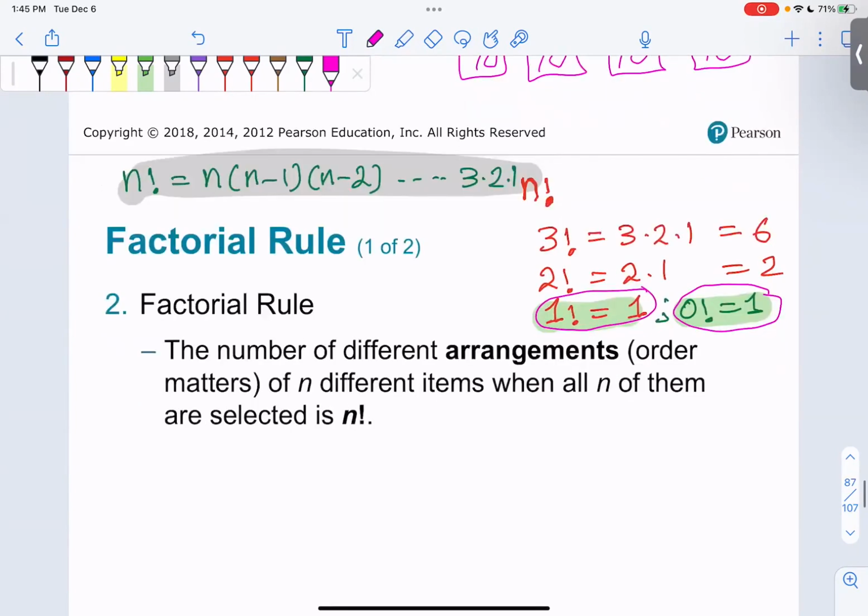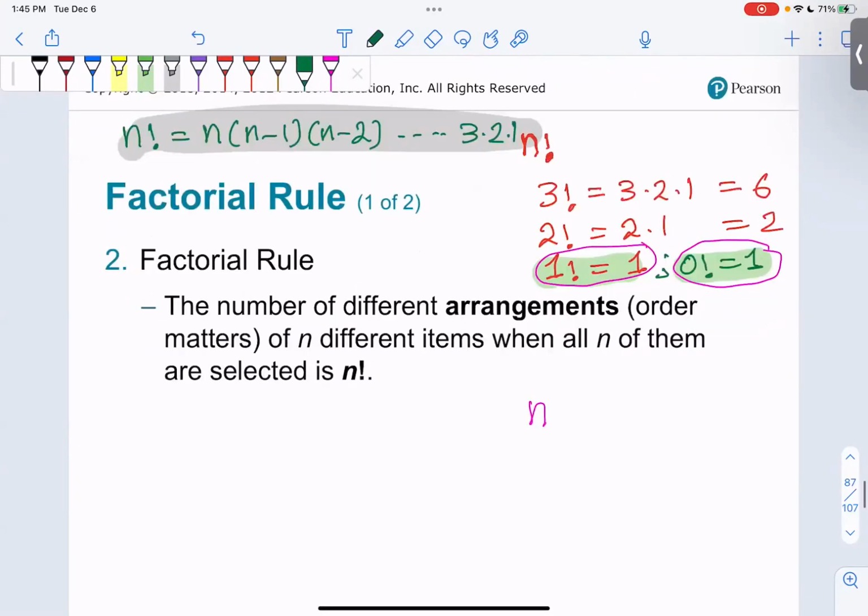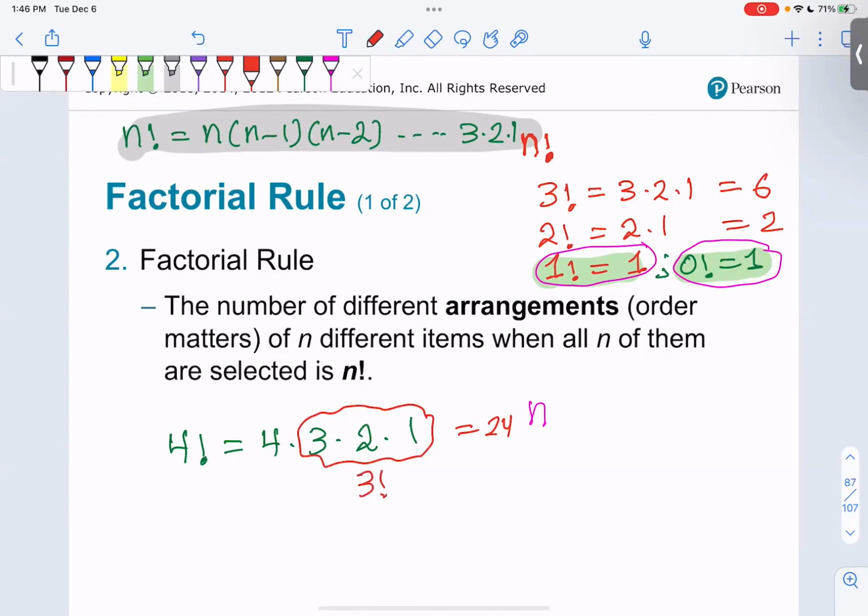And then this n factorial, by the way, let me explain it here. I did say 3 factorial equals what? Or let's just take 4 factorial. 4 factorial equals what? 4 times 3 times 2 times 1. 12 times 2 being 24, 24 times 1 being 24. But I can also write this as 3 factorial, right?